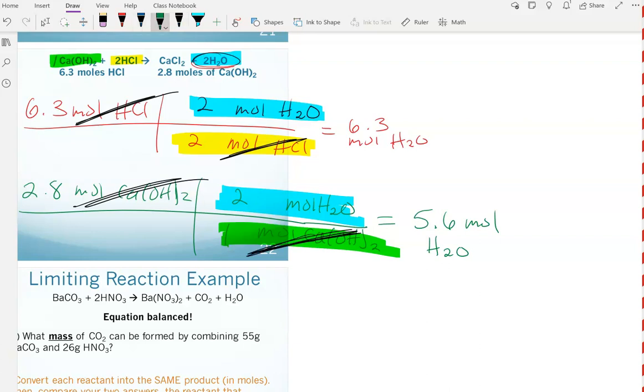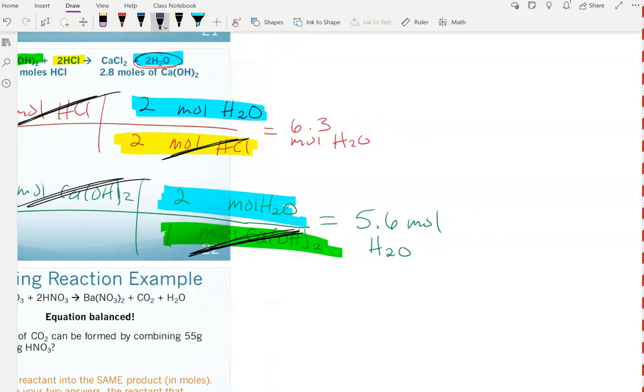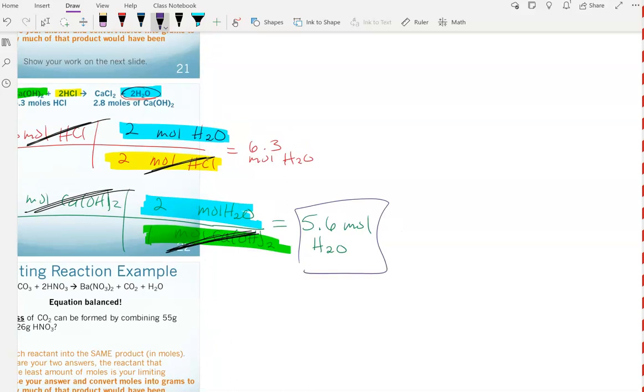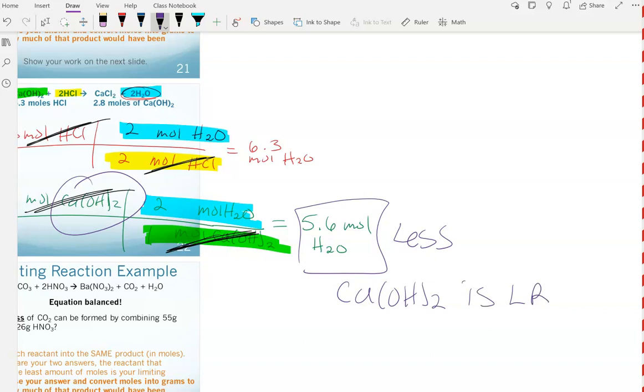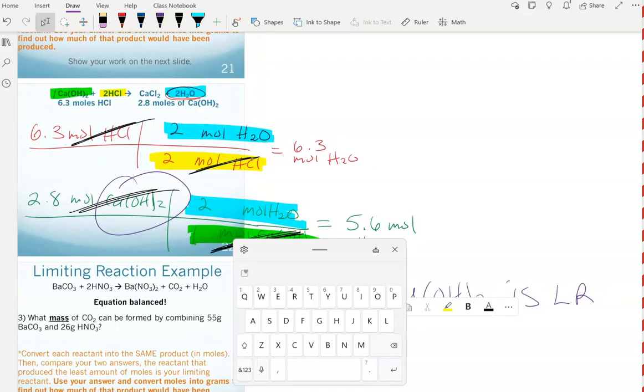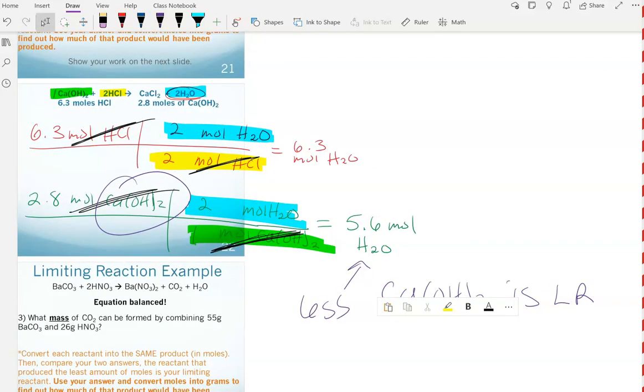Looking at this, the first thing I'm going to do is identify the limiting reactant. 5.6 is less than 6.3. That means that the calcium hydroxide, CaOH2, is the limiting reactant because that is making less product, that made less water. So theoretically, this is the most water that can be produced in this reaction if this was what I had for those two reactants.